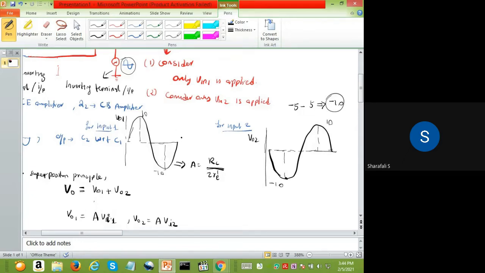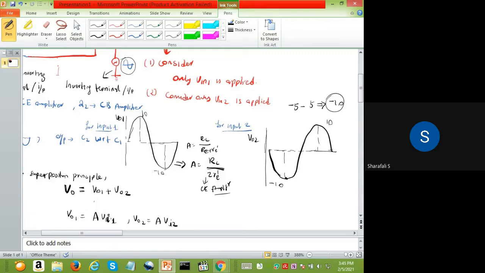Actually it will come as A equal to RC by RE plus RE dash. Then there will be one more RE dash from the second transistor, and this RE is not there. Emitter resistor we are not connected. So total dynamic resistor will become RE dash plus RE dash because of the second transistor. So the total gain will become RC by 2 RE dash. And this is for the first common emitter amplifier configuration.